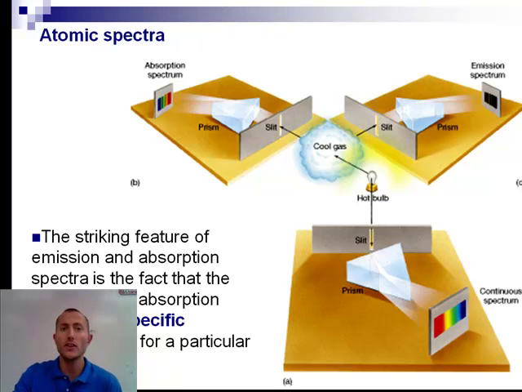And those change depending on the gas, and they're actually one way that scientists are able to identify gases. This is actually how scientists first identified the element helium, and it was first identified on the sun. Scientists looked at the absorption spectrum of the sun and saw particular dark lines, and that told them that there must be some other element up there that they didn't know about.